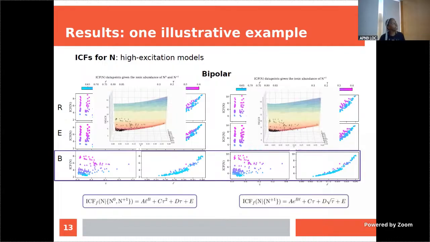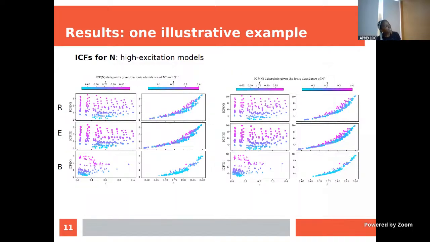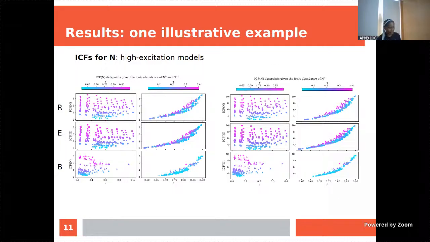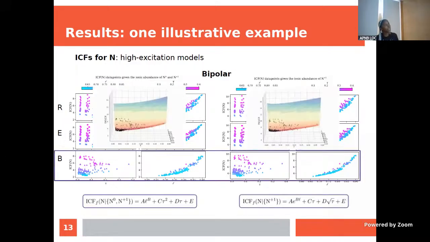Then you see here for the same models, nitrogen again, the result for the bipolar. In terms of the distribution, if you want to go back and see, they are similar, except for a small difference here.